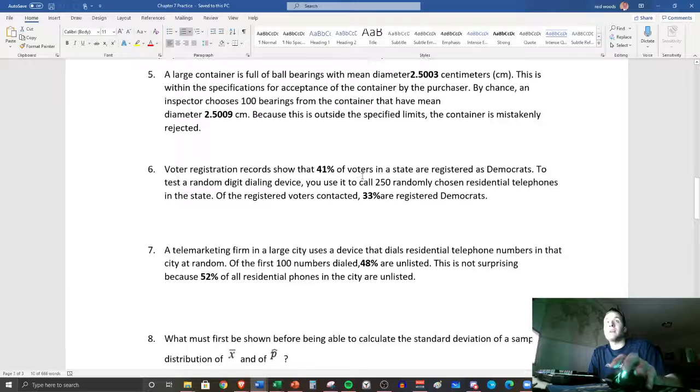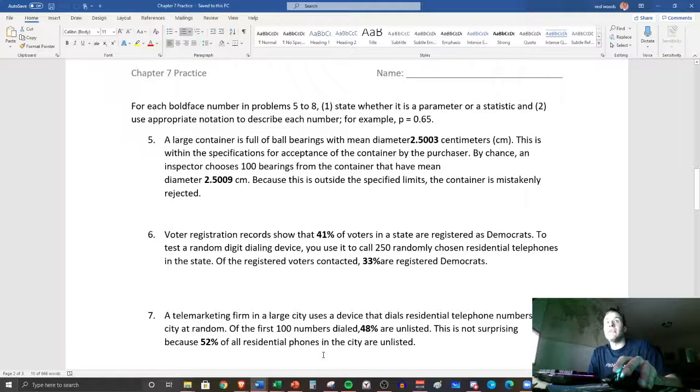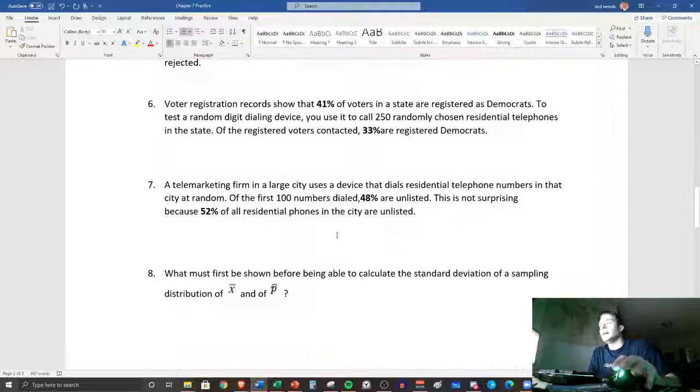You had practice problems 5, 6, and 7, where you have different values. These bold-faced numbers are the ones that you have to give the symbols for, and you're saying which one is the parameter, which one is the statistic, okay, for each one of these. So you have to be able to know how to do that.